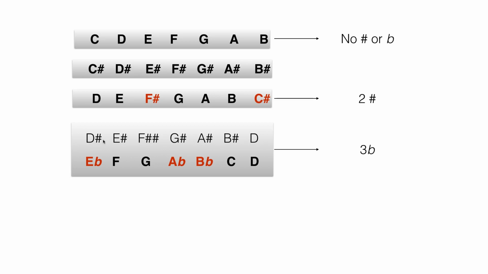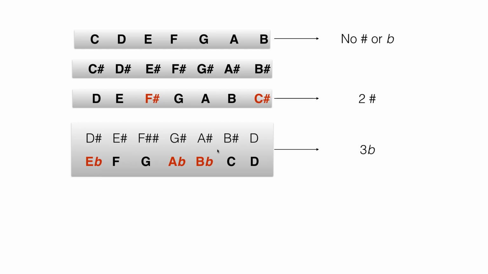So D sharp is the same as E flat, the same sound, different notes but the same sound. E sharp is F, F double sharp is G, G sharp is A flat, A sharp is B flat, B sharp is C, and D is D. Okay?